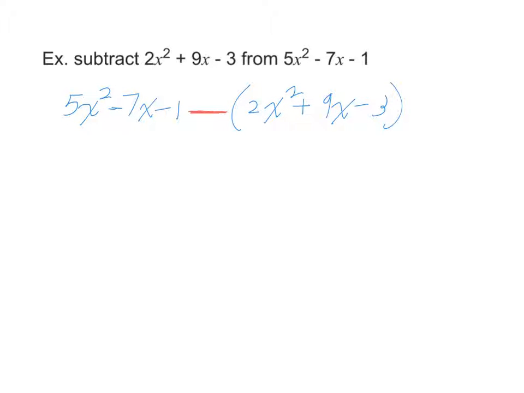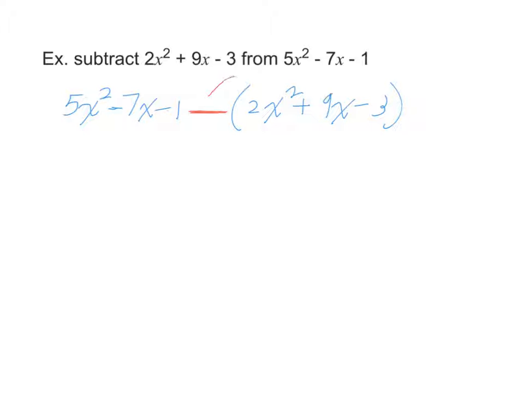I used parentheses with all of the addition examples just to help myself organize the work, but in this case, parentheses are required. It helps remind you that this subtraction is actually going to be distributed to all of the terms in this second polynomial.